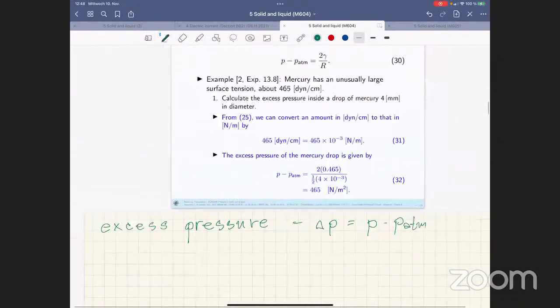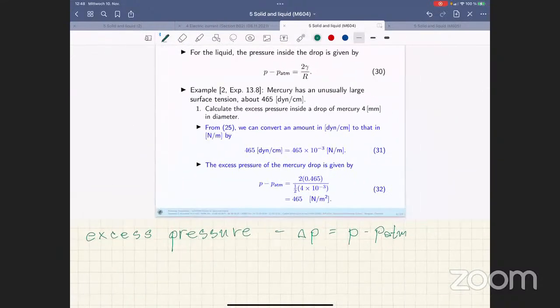The formula we are going to use is delta P equals 2 gamma by R, right?